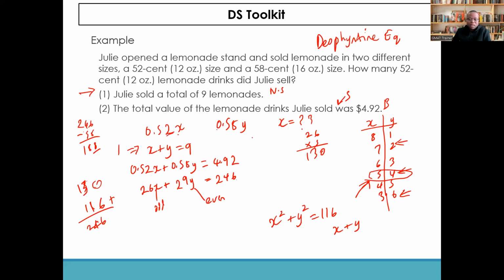Like in this case, we didn't have to sift through all the possibilities. We just used the knowledge of number properties to narrow down which numbers to work with, and in about two steps you were able to get the answer.